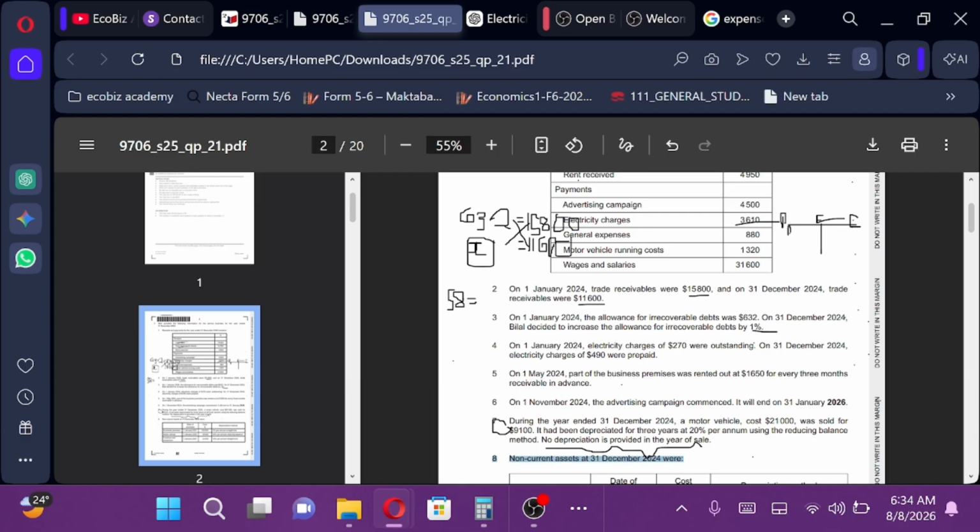So in this question we will take trade receivables at the close, which is 11,600.